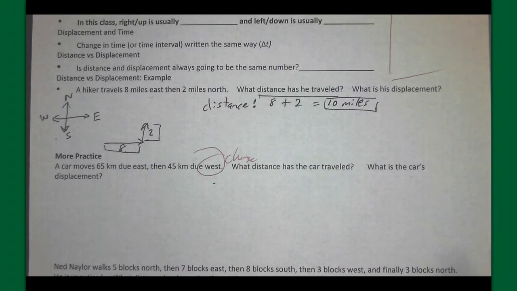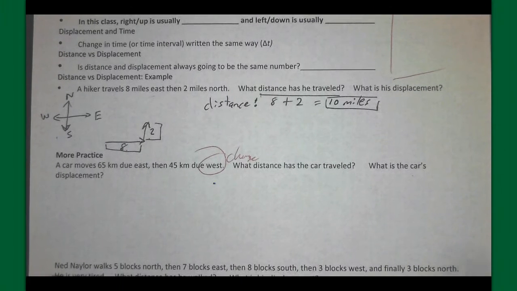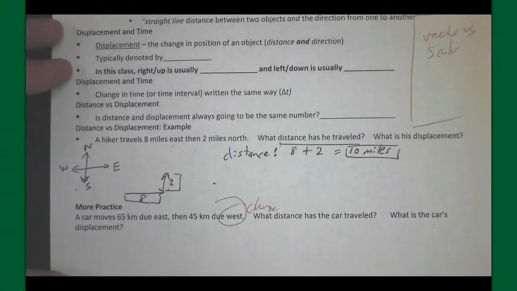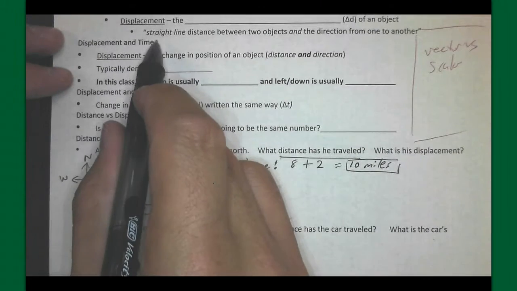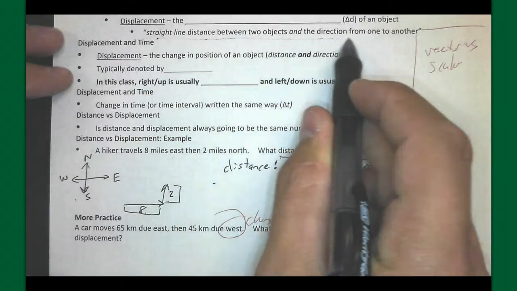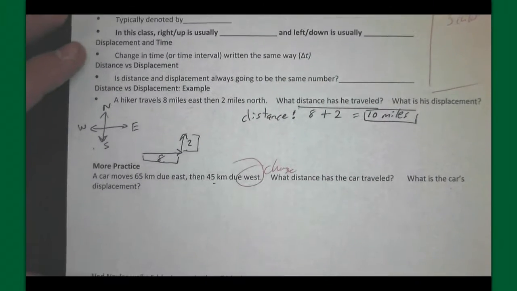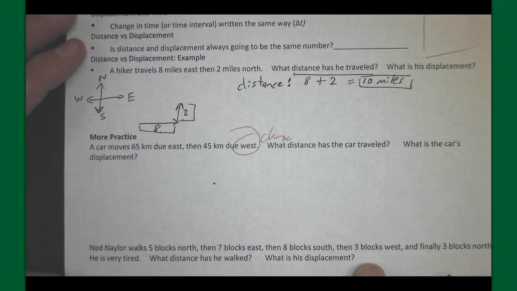And now for the question about displacement. Displacement is a little more interesting. Remember that we said displacement, and it's up here. Displacement is the straight line distance between 2 objects and the direction from one to another. Straight line distance between 2 objects.